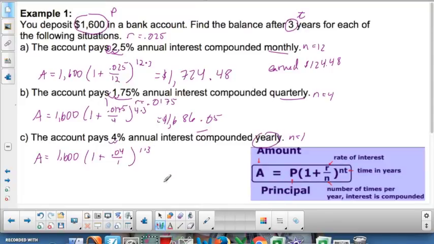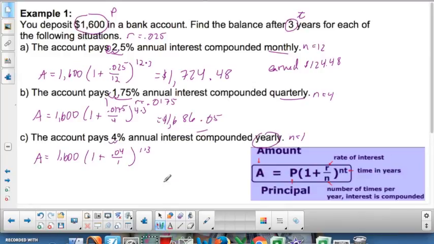Okay, so let's put this in the calculator. 1600, open parentheses, 1 plus, I'm hitting that fraction button and putting in 0.04, and then arrow down and put a 1, arrow over, close that parentheses, hit my little caret to go up into the exponent, and 1 times 3, or just 3, because 1 times 3 is 3.